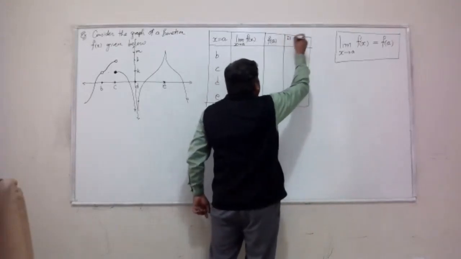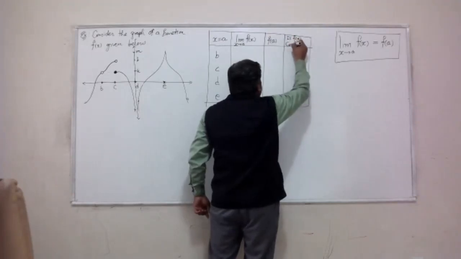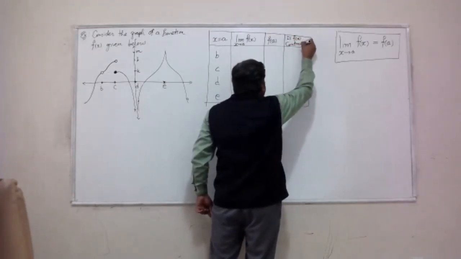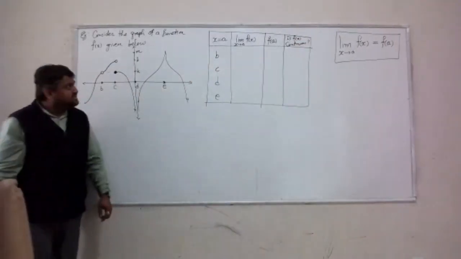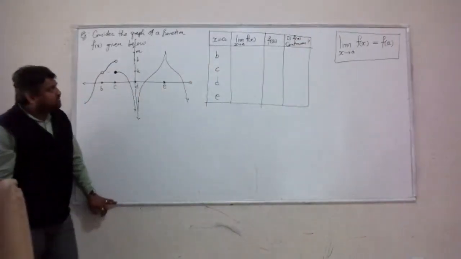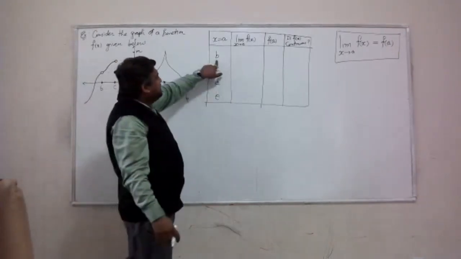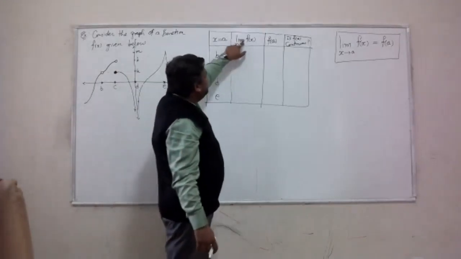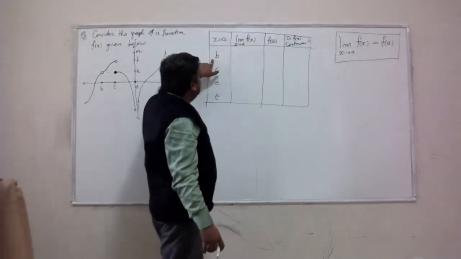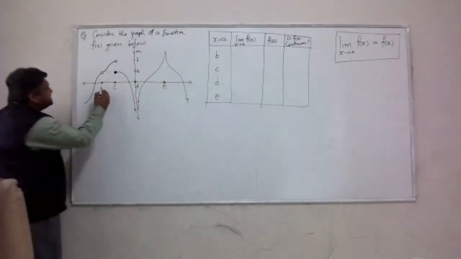So last column will store this information. Is the function continuous? Obviously, we need to answer yes or no in that last column. Let's try to answer them. Okay. So let's work with the first one. I would like to know where my function should go when x is near B. All right, B is this input.